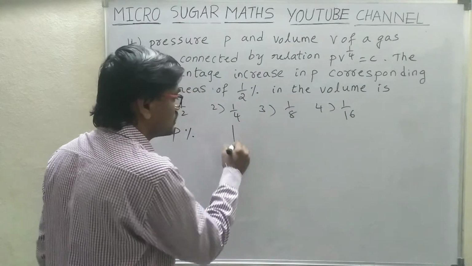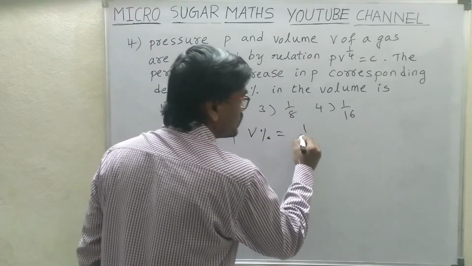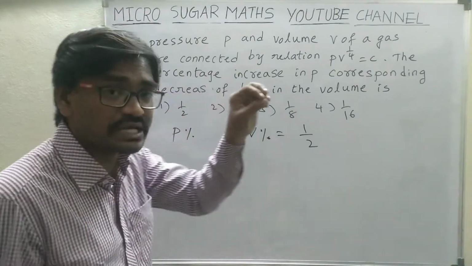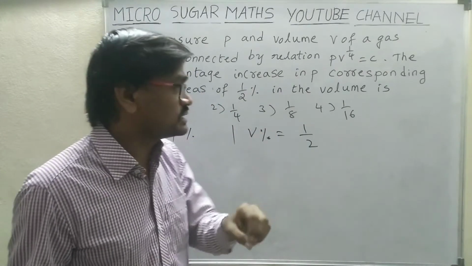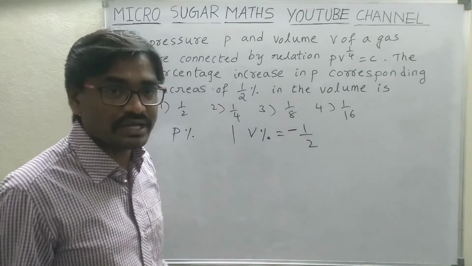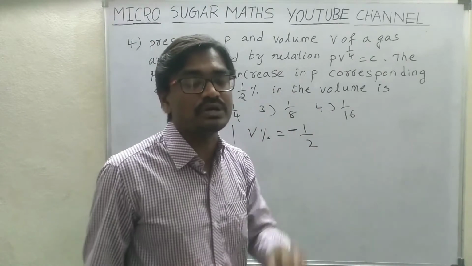Students, it is given that volume percentage is 1 by 2. But here volume is decreasing, and decreasing is denoted as minus. Therefore volume percentage is given as minus 1 by 2.